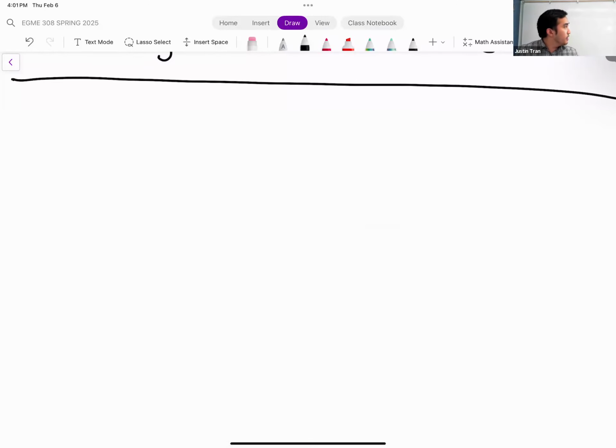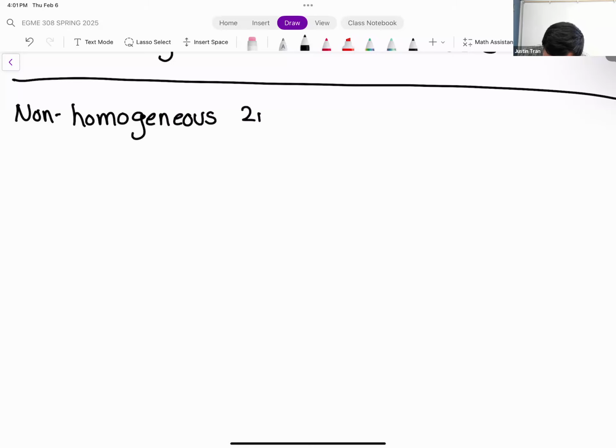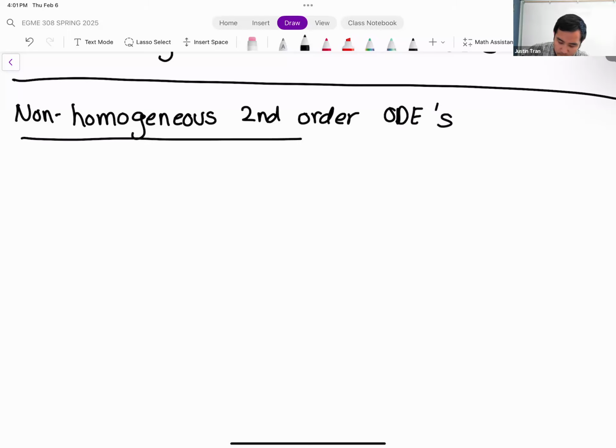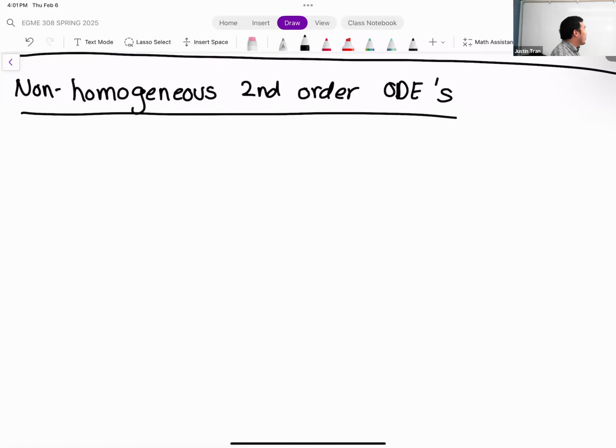Okay, so the topic for today is non-homogeneous linear second order ODEs. The names of all these things are always so long just because we're working on a specific subset of these second order ordinary differential equations.